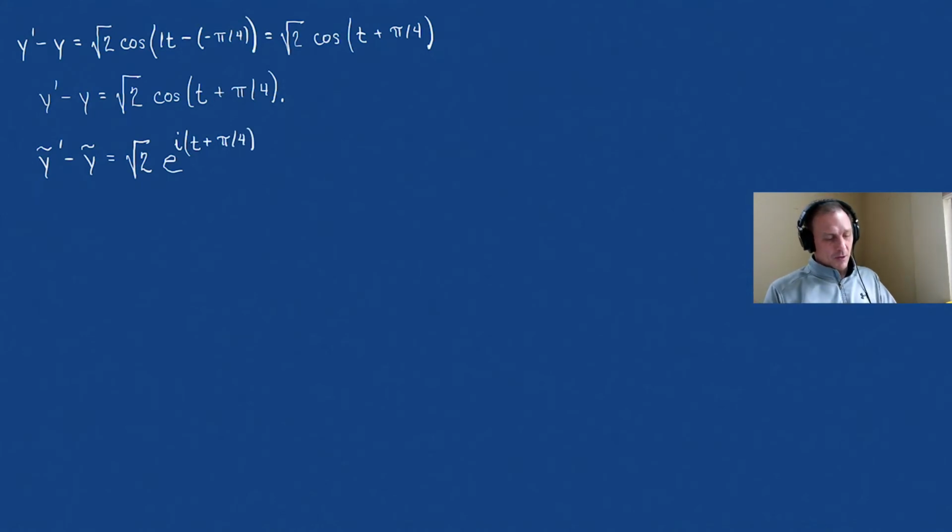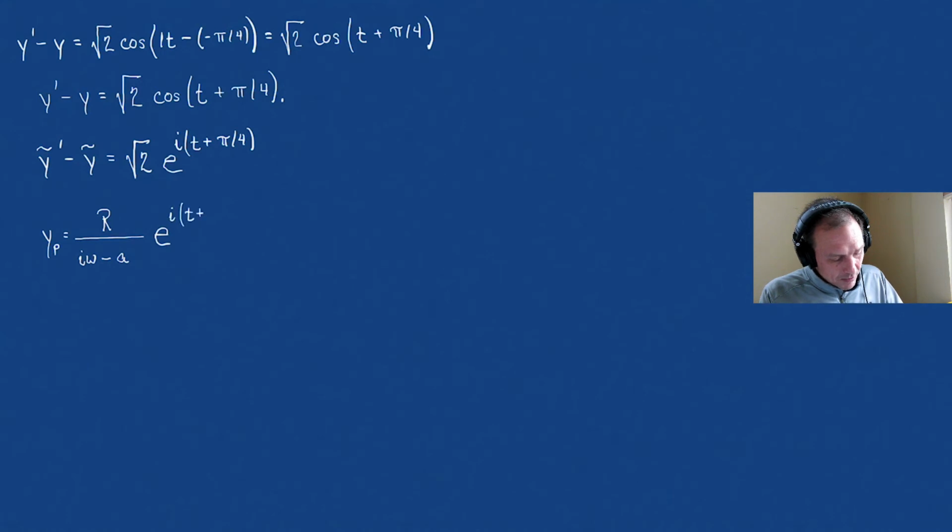Oh my, we're almost done now, because we already know this solution too. Remember what we said. We said that now our y particular is going to be capital R, which in this case is square root of 2, over (i omega minus a) times whatever our e piece is, which is e^(i(t plus pi over 4)).